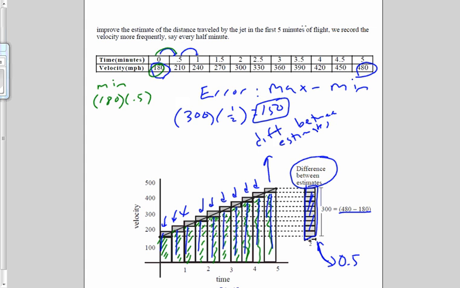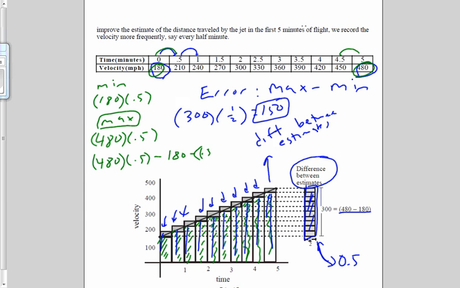And in my maximum, the only value that won't occur in my minimum is going 480 for this 0.5 second interval. So in my maximum, I'm going to have 480 times 0.5. And so the difference is going to be the difference between these two points, which exist in the max or exist in the min, but not in both.